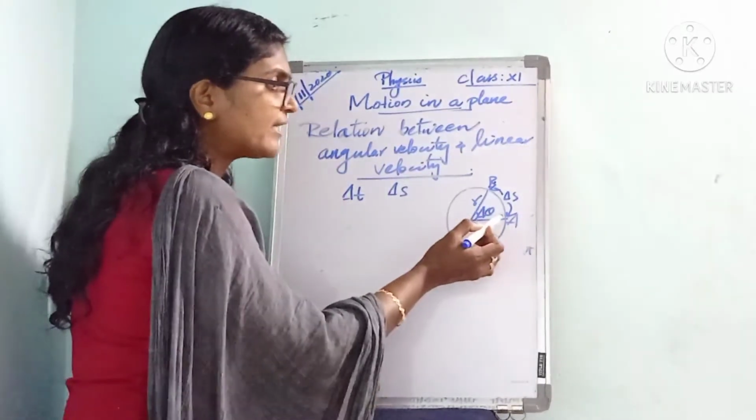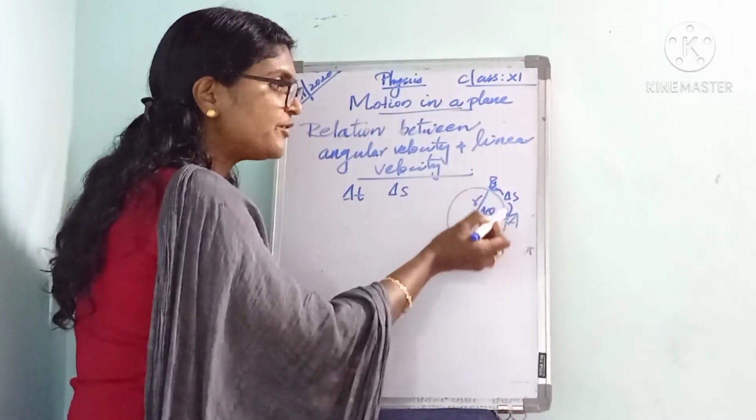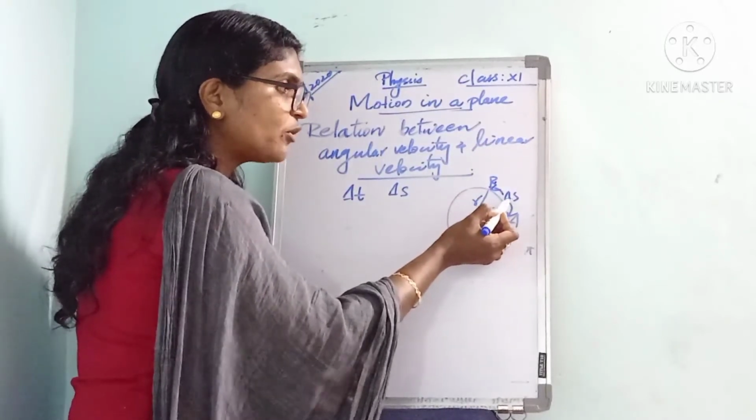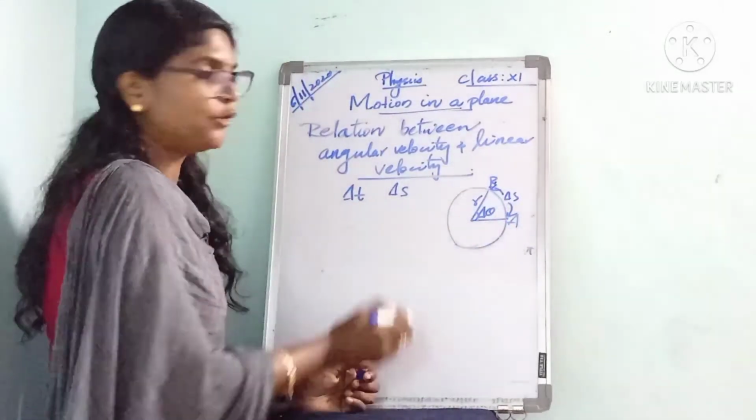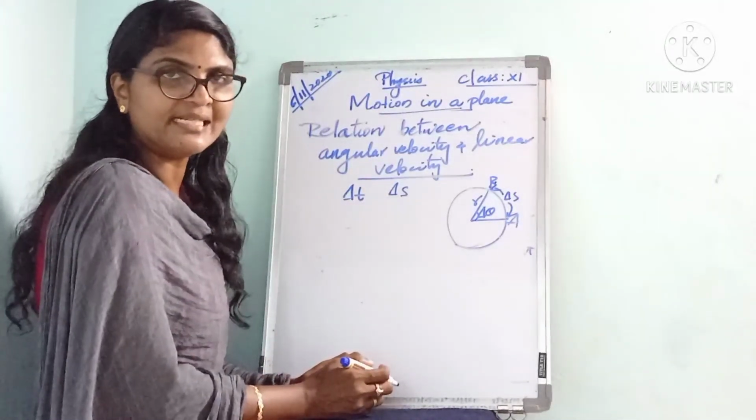When the particle moves from A to B, it covers a distance of delta S during the time delta t.